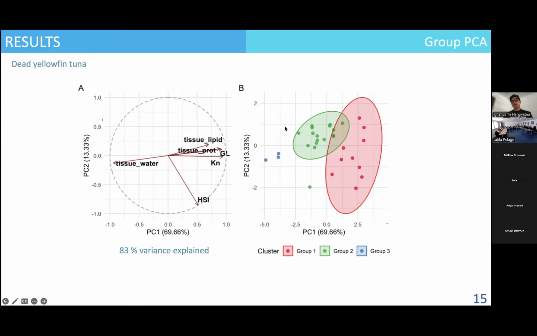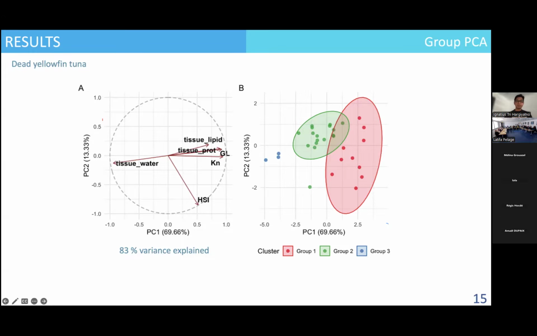Group 1 is positively correlated with tissue lipid, tissue protein, gut length, and Le Cren condition factor. Group 2 has a more negative correlation with the HSI. And group 3, I only found 3 individuals, related to the positive correlation with tissue water.